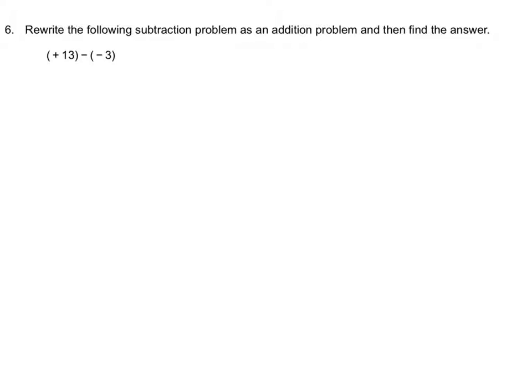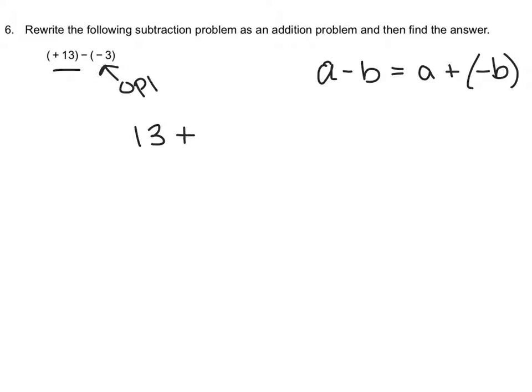We'll use the definition that A minus B equals A plus negative B. In other words, we're going to keep the first number, which is a positive 13, change the subtraction sign to a positive sign, and then take the opposite of the second number. So the opposite of negative 3 is positive 3.